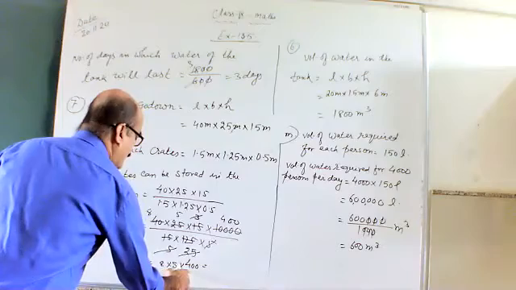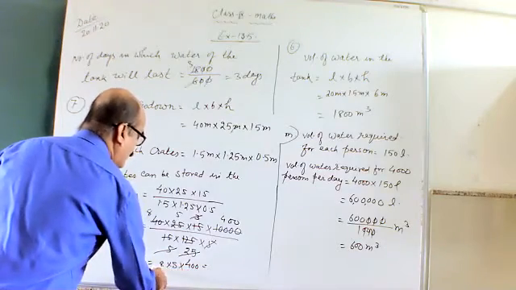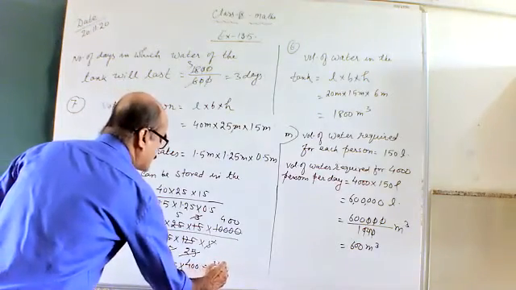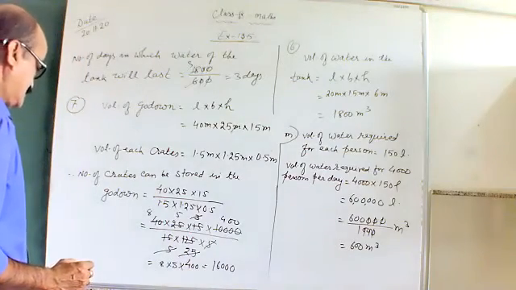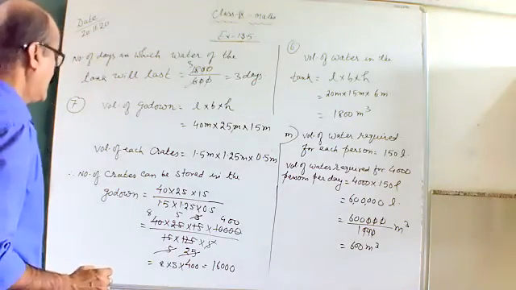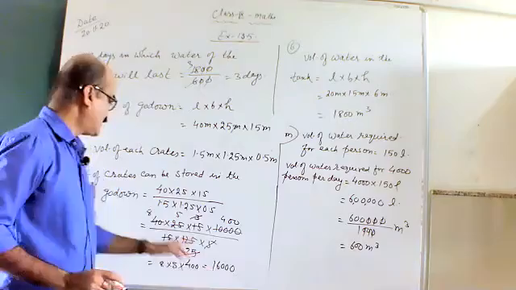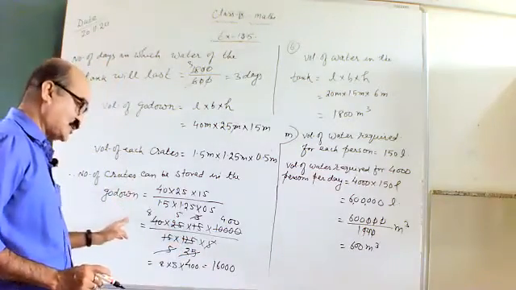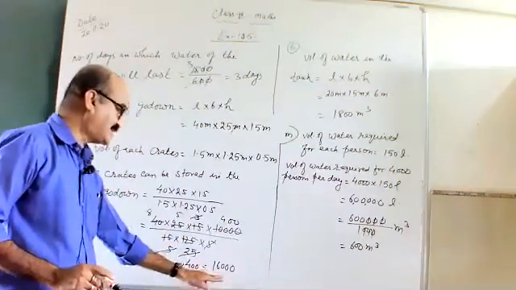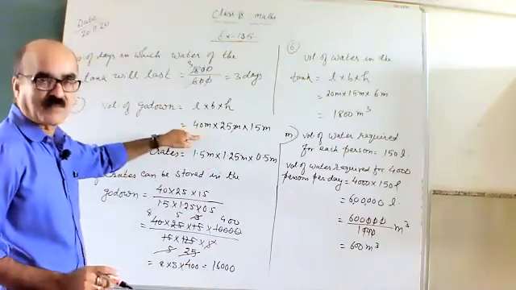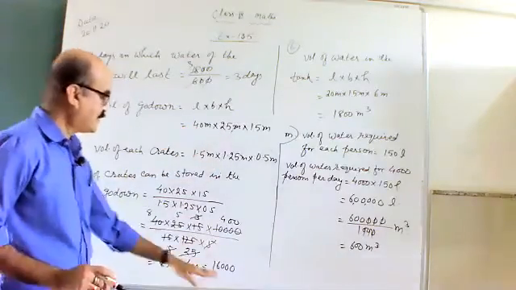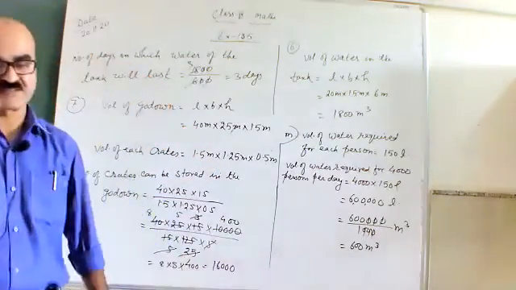So that is 4 plus 20, 20 into 8, 160, that is 16,000. Okay? So the number of crates that can be stored is 16,000 crates of this size in this godown. Right? So this is 16,000 crates.